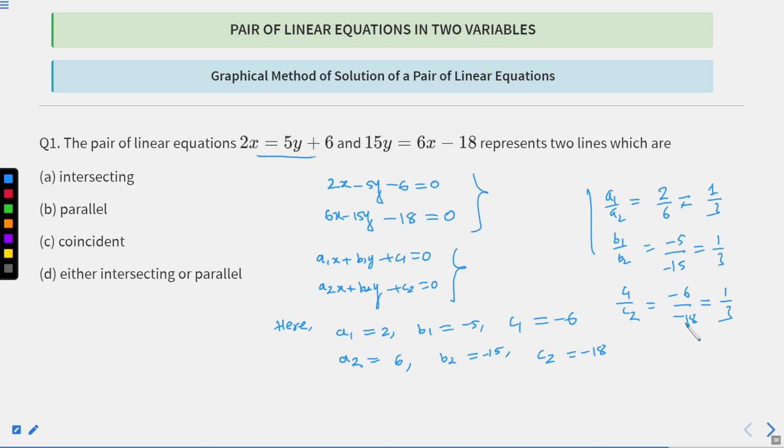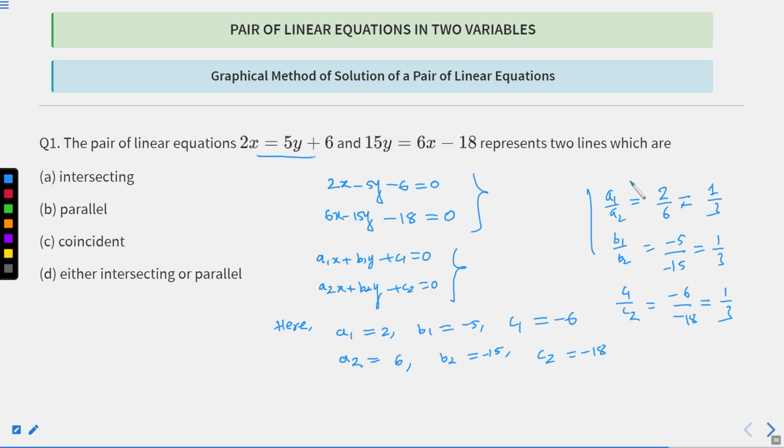Okay, so here you can see the ratios a1 by a2, b1 by b2, and c1 by c2 are all equal. We know the pair of linear equations coincide with each other when the ratios a1 by a2 equal b1 by b2 equal c1 by c2.